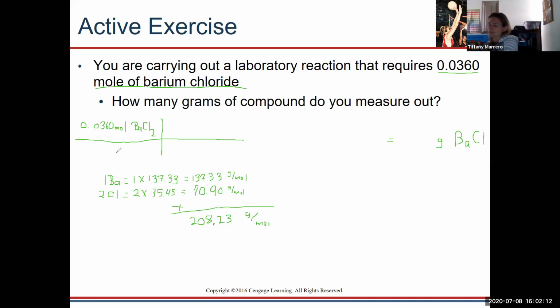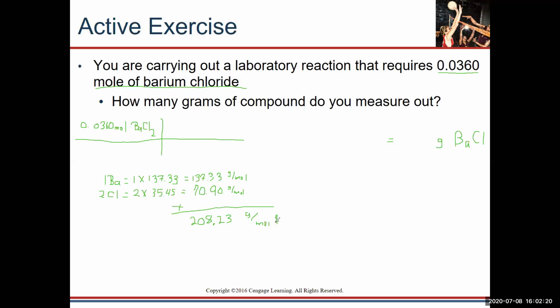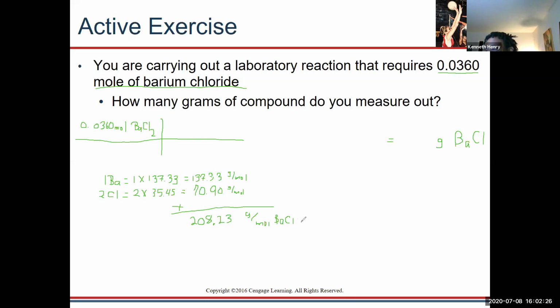Now, what I'm more concerned about is making sure you have sig figs. And so what am I going to use for my sig figs? Oh, by the way, where am I going to put this? It's going to go on the top. Because you want 1 mole at the bottom, and it's going to be barium chloride too.